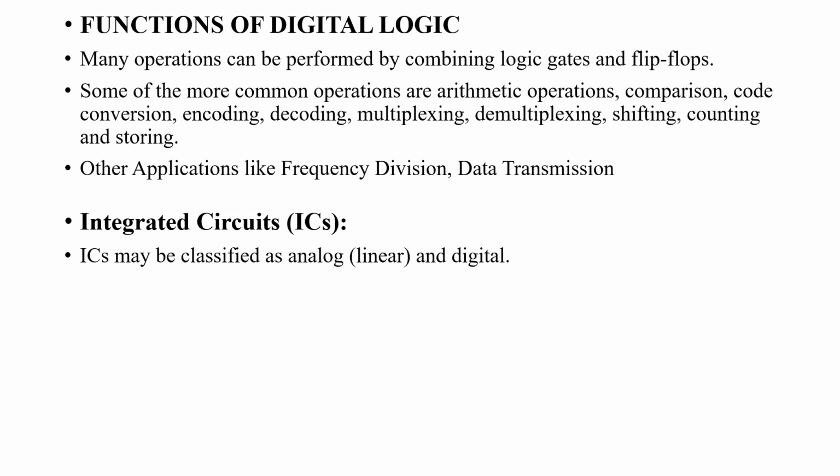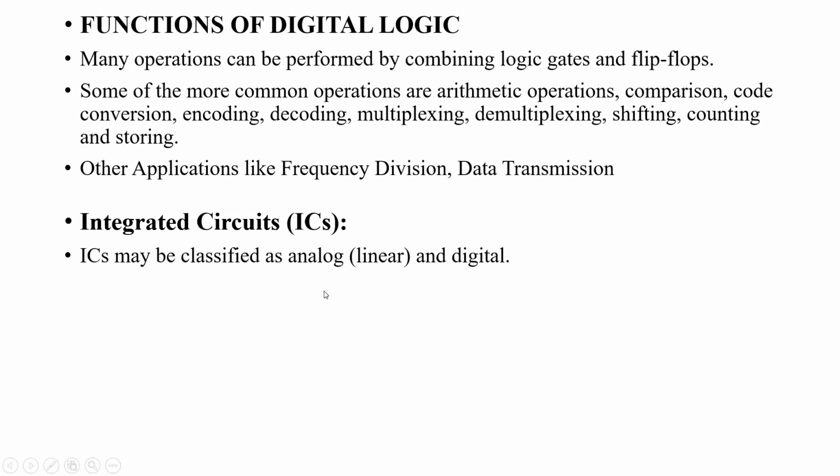So it is integrated in a single circuit, and that is available as an integrated circuit, which is called an IC. ICs may be classified into two types depending on the application, which type of signal it is handling. If the IC is using analog signals, then we call it a linear IC or analog IC, and if the input to the IC is in digital form, then we call it a digital IC.